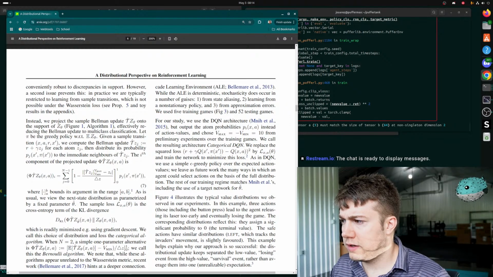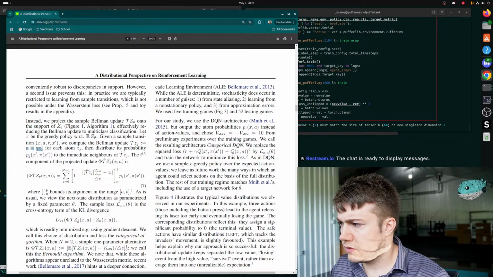Let pi be a greedy policy. Given a sample transition, we compute the Bellman update, reward plus discounted z_j for each atom z_j. Okay, so this isn't what I was thinking.